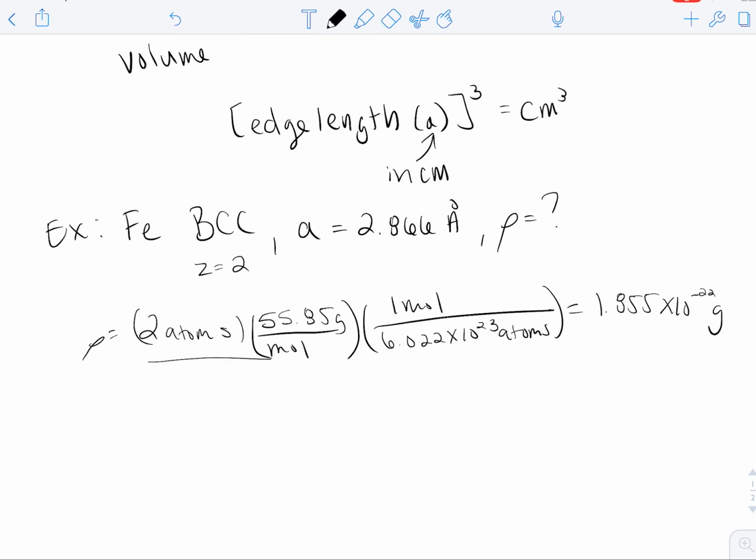We then divide that by our volume. So we have 2.866 angstroms. Hopefully you remember that there are, I'm actually going to do it as 1 times 10 to the negative 10 meters per angstrom. And then we want to go from meters into centimeters. So there are 100 centimeters per meter.